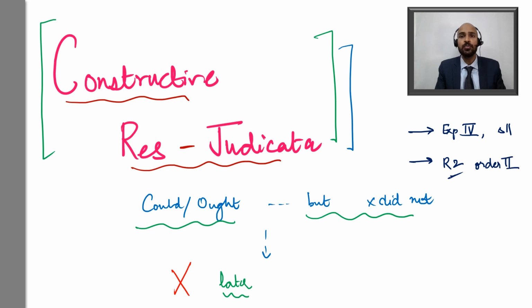Order 2 deals with the frame of suits, and in the second rule, it tells you that if there is a certain claim that the plaintiff does not state in the plaint initially, then he is prevented from stating that later on. So coming back to the question, when in doubt, should you state it or not? You should state it, because if you don't say it now, then perhaps you cannot say it later, right?